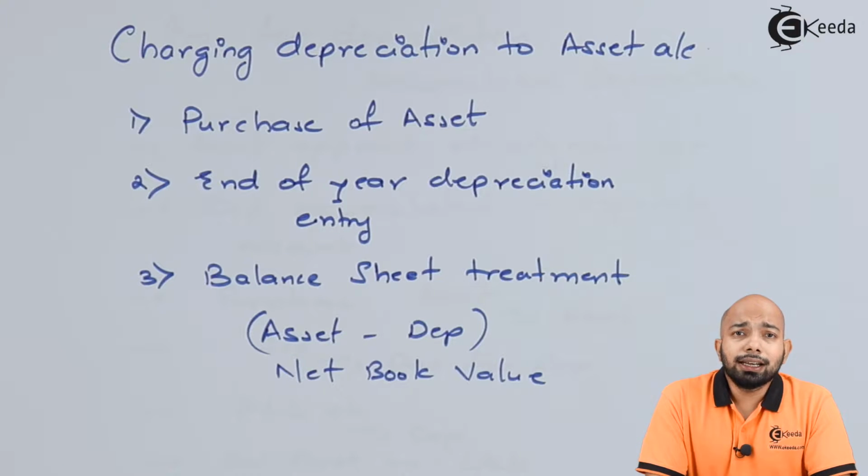If the sum says there is a sale of the asset, we'll have to record that entry, or if there is no sale, you just have to record the depreciation entries and the transfer of depreciation that we do every year. When we transfer the depreciation, we'll be moving this to the profit and loss account. Hence, whenever we have asset accounts and there is a depreciation, which is a non-cash expenditure, that will go to the profit and loss account. Let's go ahead and see what those entries are.